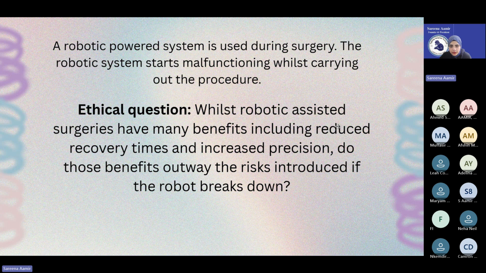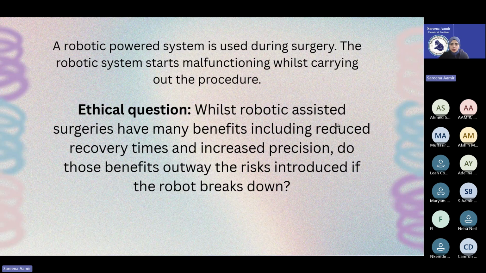If the robot malfunctions, the doctor and medical team will have to take responsibility for the mistakes made, the same way as if human surgeons operated, they would take responsibility.